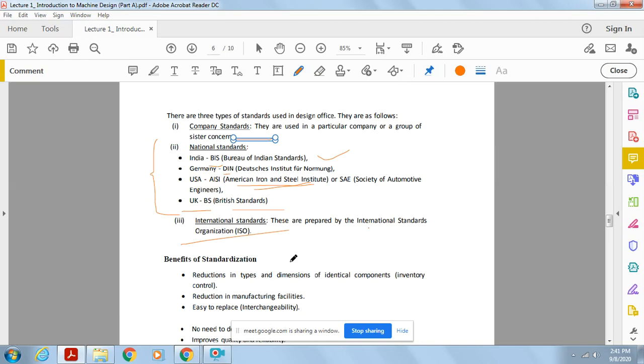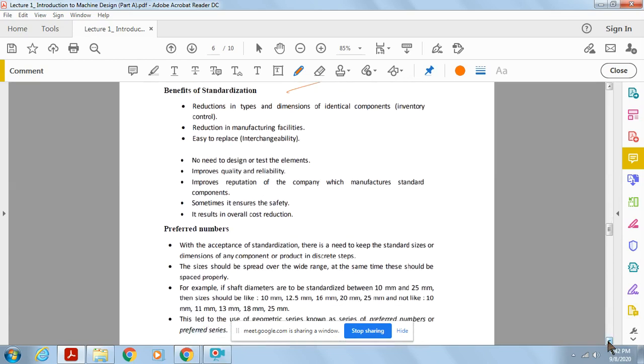Okay, now there are certain benefits of standardization. What are those benefits? First, it reduces the types and dimensions of identical components. So inventory control, that is a very important part. If you control your inventory, of course your production cost will be very less, and once the inventory becomes less, ultimately the selling cost of the product will also become less.